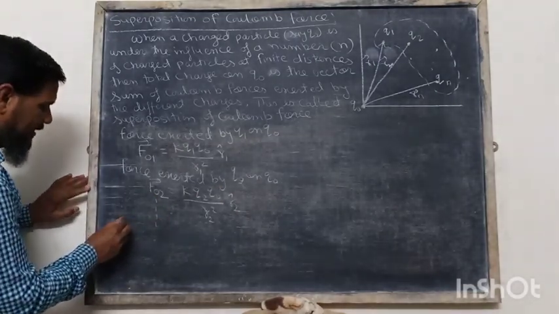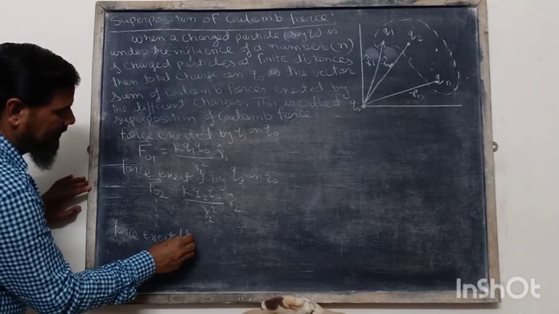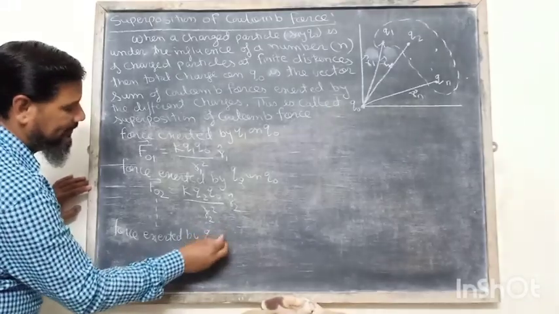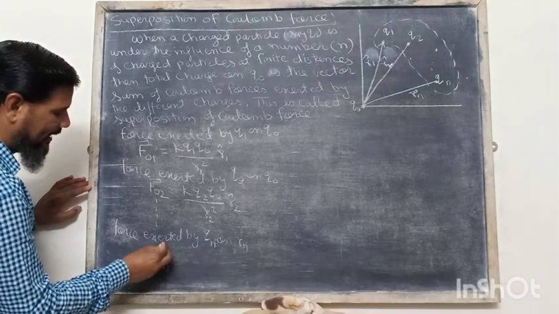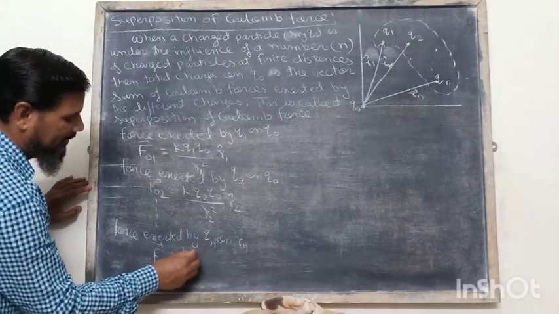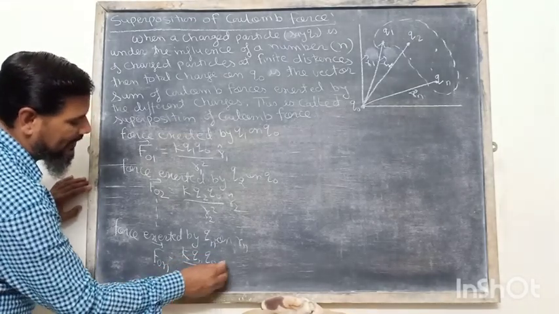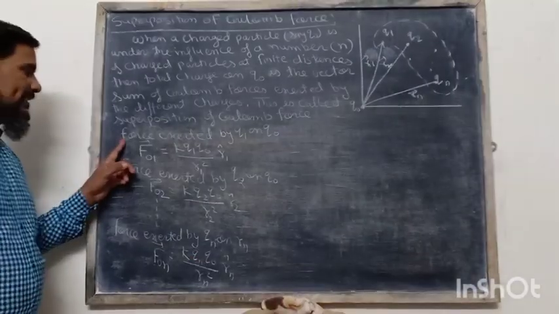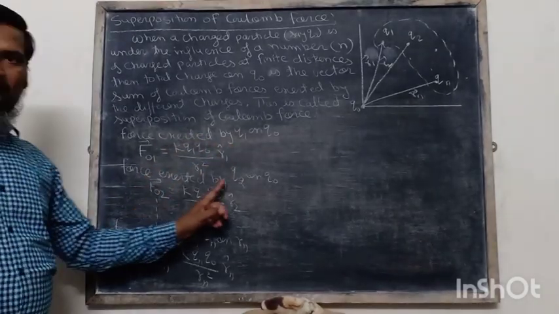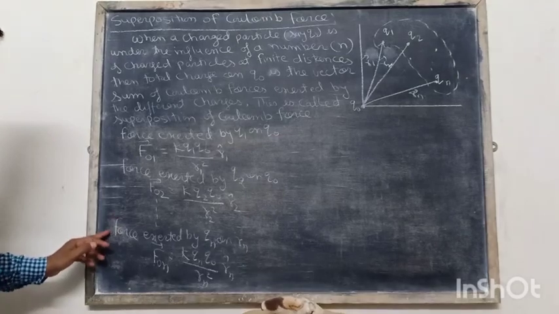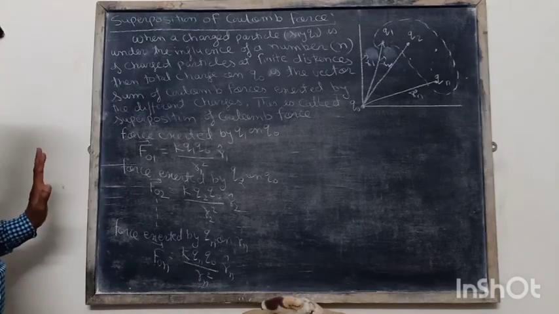And finally the force exerted by Qn on Q0, F0n, is equal to K Qn Q0 upon Rn square Rn cap.